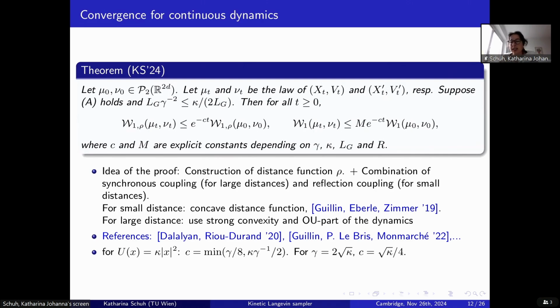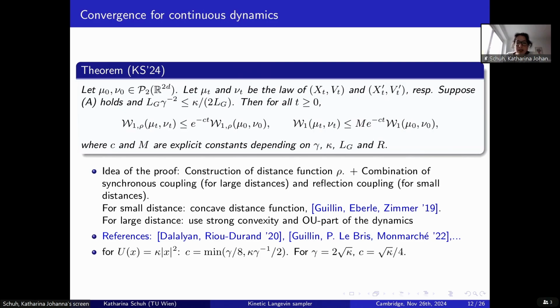Their distance rho was not a distance, but a semi-metric. And then also Guillin, Pierre Le Bris, and Pierre Monmarché worked on this, and they got rid of the dimension dependence already in the contraction rate.